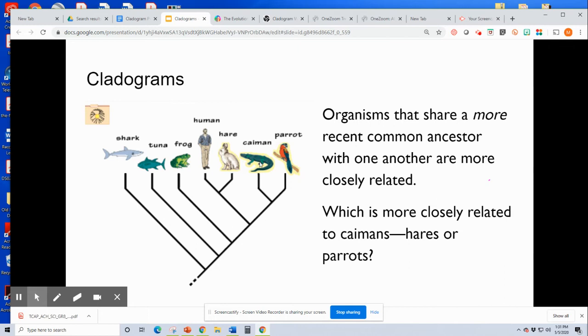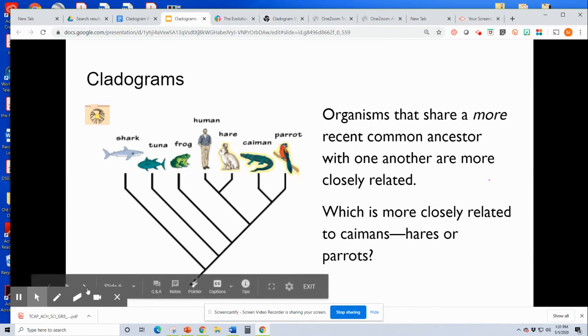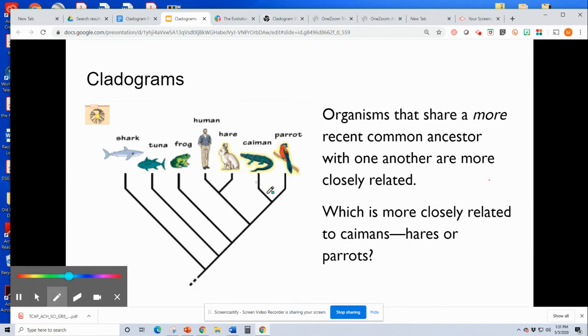Here's the caiman, and right here I would have a common ancestor of the caiman and the parrot, and remember, that's more recent.